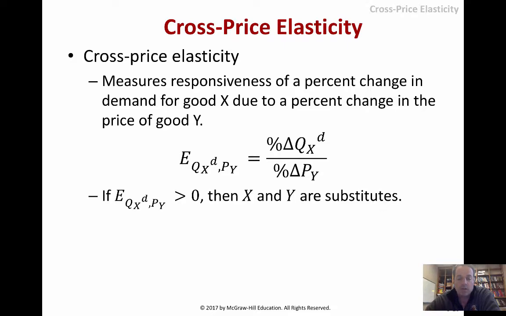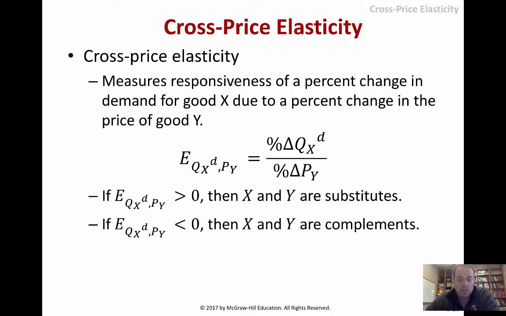So if the price goes up of the alternative good, and the quantity also goes up, then the two goods are substitutes. If they move in opposite directions, so if the price of X goes up and Y goes down, then they are complements.